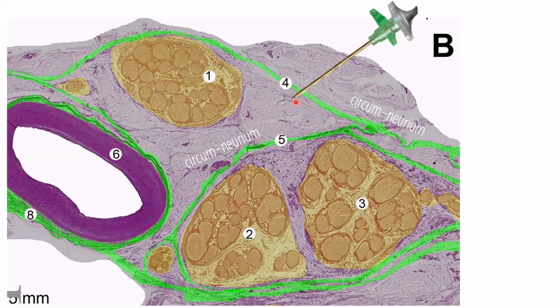So this is quite acceptable. But with ultrasound, you cannot really distinguish between the circumneurium and the epineurium, as we will see in some of the videos eventually. You can as well target the lateralmost aspect of the posterior cord by going through the circumneurium. But again, as I said, the same thing applies here if you are going to do that.